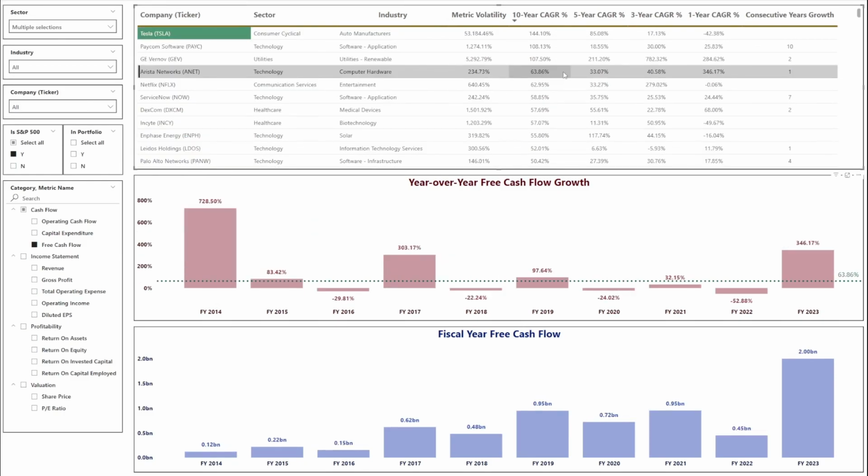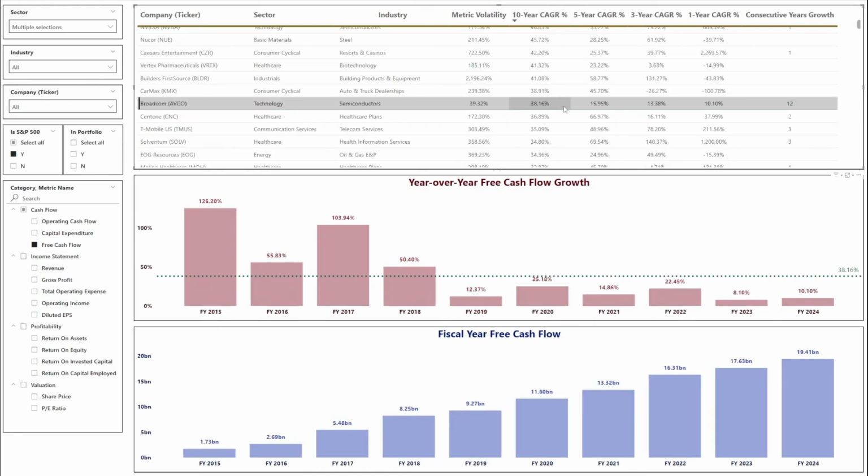For example, with Arista Networks, a 63.9% compound annual growth rate for free cash flow definitely stands out, but you can see there's a lot of variability in that free cash flow. It makes it that much harder to predict over time. Even Broadcom, an investment darling, one I sometimes wish I had got in on a while back, it's had very good 10-year free cash flow growth, but what can we see here?